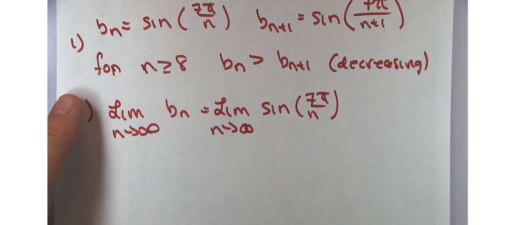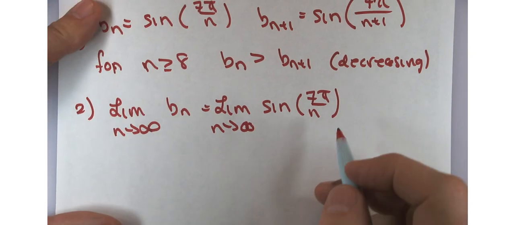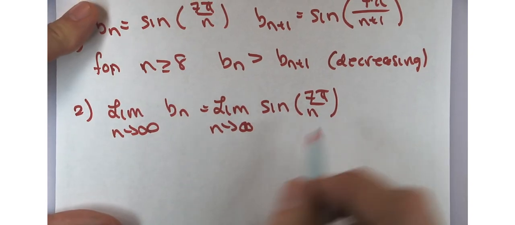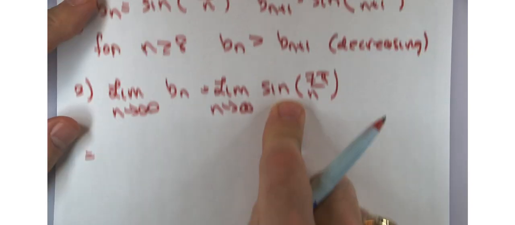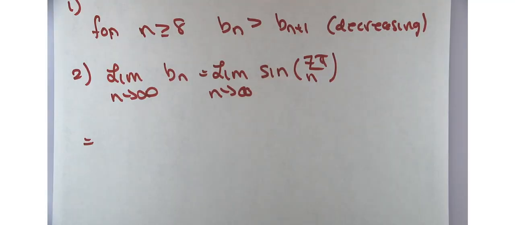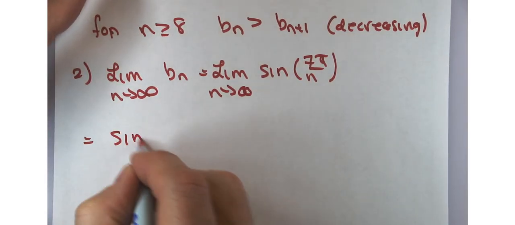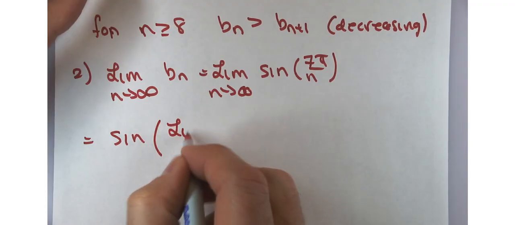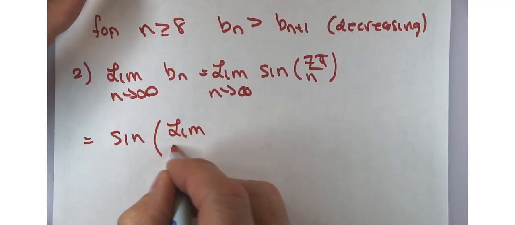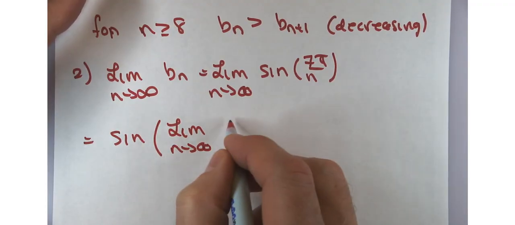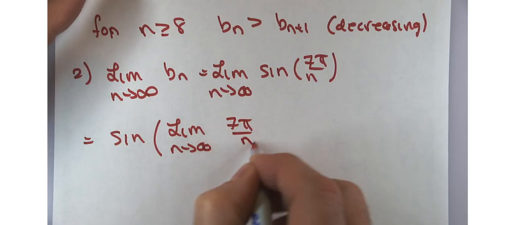What's going to happen to that limit? Well, because this is a nice continuous function, we can interchange our limit and our function. So we can do the sine of the limit as n approaches infinity of 7 pi over n.